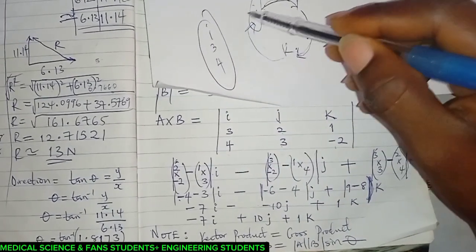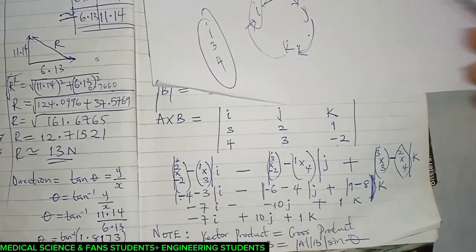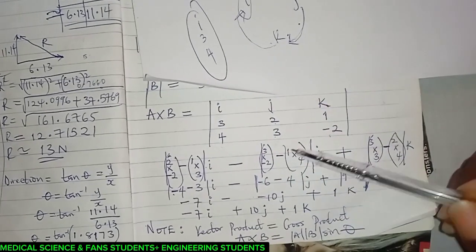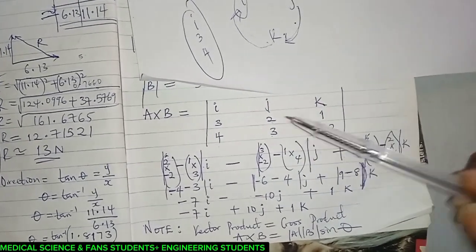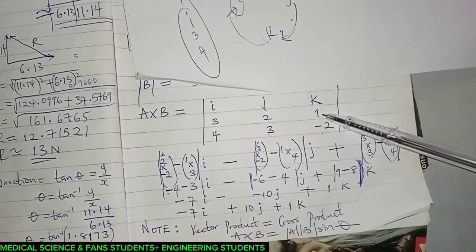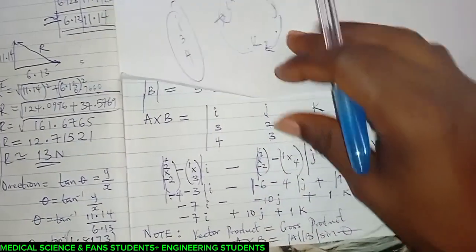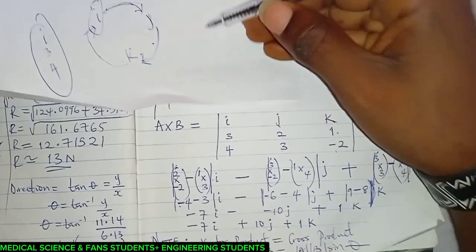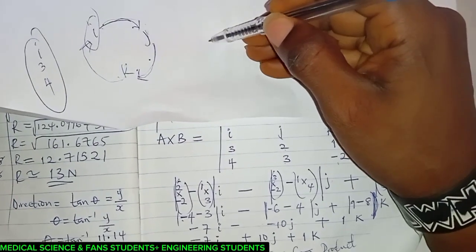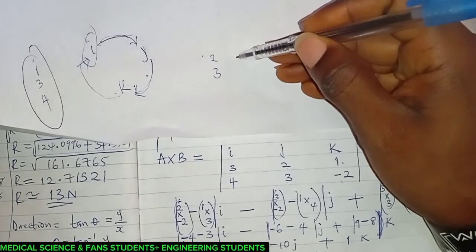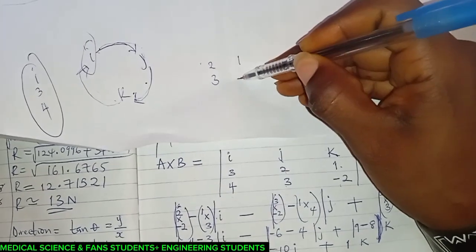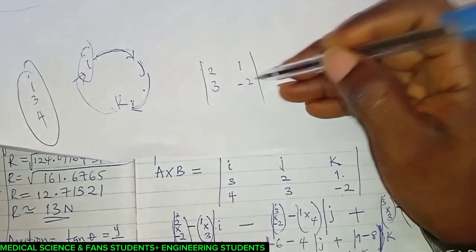If k cross i, the next thing it's getting is j. So that means k cross i is giving me j. So I use the values of i and k. Yes. So see what I did at the end of the day. I just said, since under i I have 3 and 4, to find i I just go to j. j is 2, 3. And k is 1 and minus 2. Then I now wrote i.